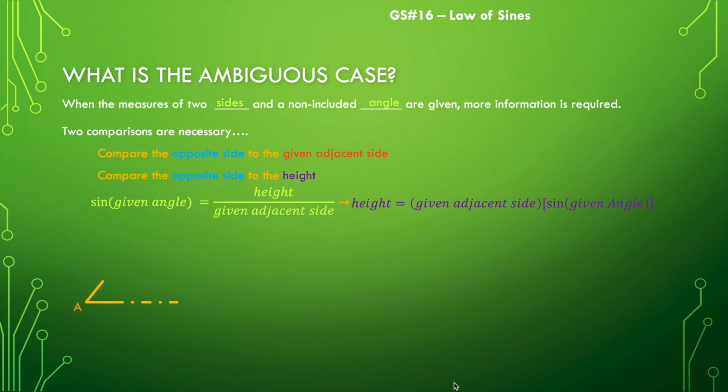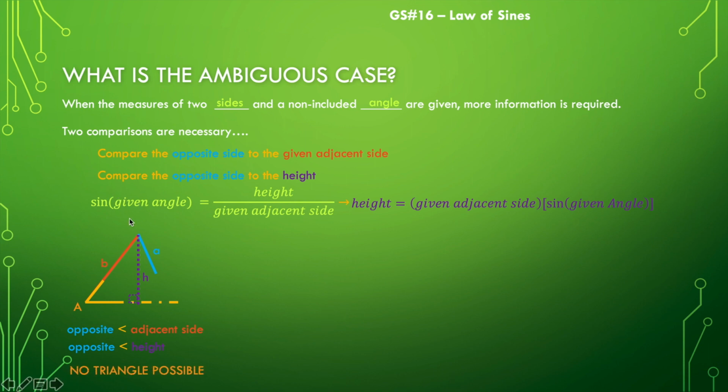Here is angle A, and pretend that you're given the measure of angle A, and we are given the length of side B. Okay, side B is adjacent to angle A. Okay, and we are also given the length of the side opposite angle A, and that side happens to be shorter than that adjacent side, and also shorter than the height of the triangle. If the length of the opposite side is less than the length of the adjacent side, and the length of the opposite side is less than the height of the triangle, there's no possible way to make a triangle.